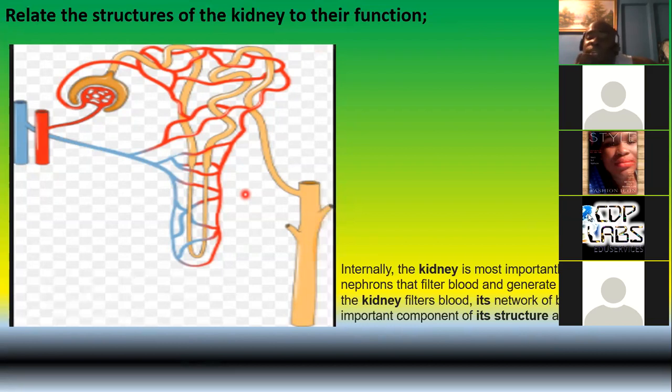Okay, Chevelle? Okay, Nicole, go ahead. Some loop of something. You can't tell me some loop of something. It's the loop of Henle. What is it called? The loop of Henle. Very good.